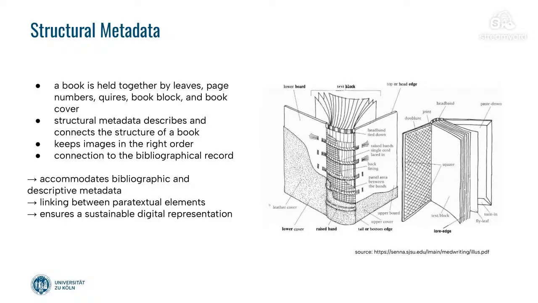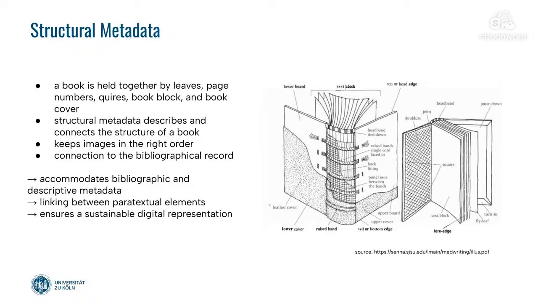And the book is usually held together by the leaves, the page numbers, the quires, the book block, and the book cover. So you have the book in your shelf, and it's not falling apart. But if the binding breaks and the book falls apart, you might have a single page and you don't know where it belonged anymore. And the structural metadata describes and connects the structure of a book.